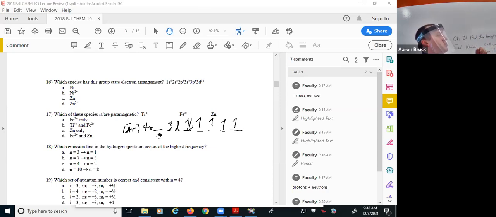Therefore, iron 2+ would be paramagnetic. Now for the zinc, 4s2, 3d10. Any unpaired electrons in zinc? No, it's diamagnetic as well. So this one was diamagnetic, this one was diamagnetic, only the iron 2+ was paramagnetic.